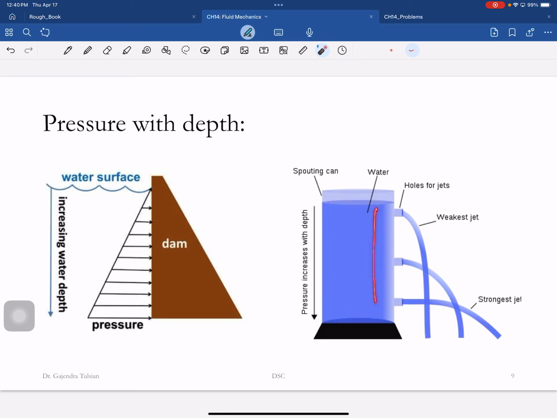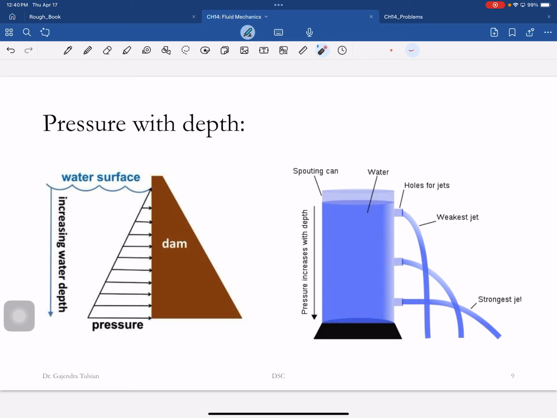Now, if you had a device like this, if you put honey, and an identical device, and you put water, which will come out faster? The water will come out faster. Honey has more viscosity, friction, and so you need a greater pressure difference to get the same flow rate.